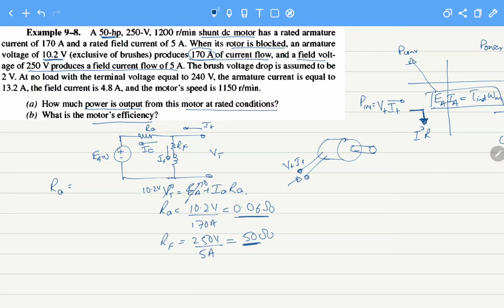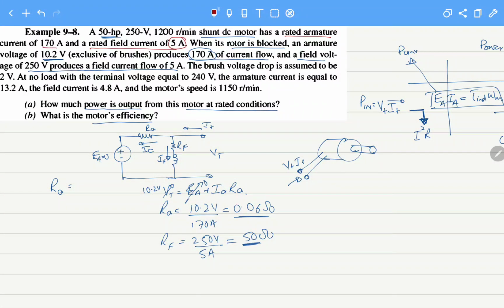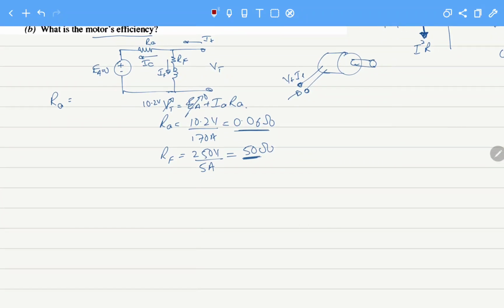Now it is given in the question that for the rated values, the rated field current is 5 ampere and the rated armature current is 170 amperes. So we can calculate the armature losses.